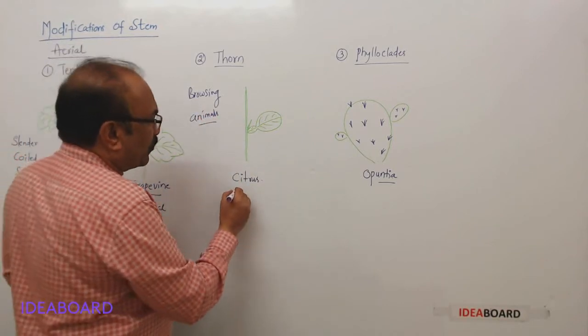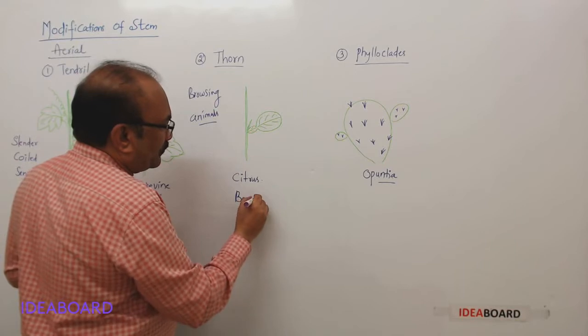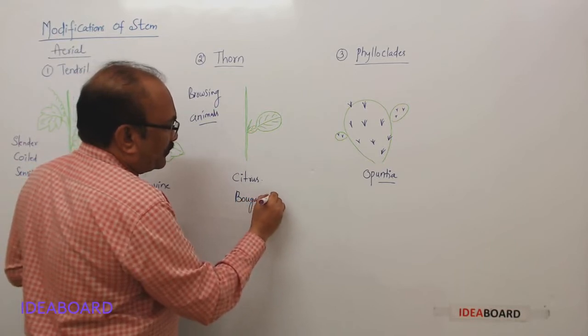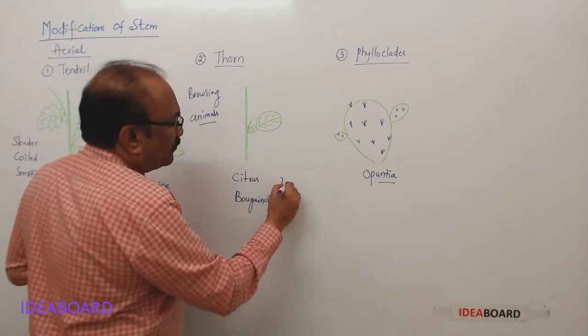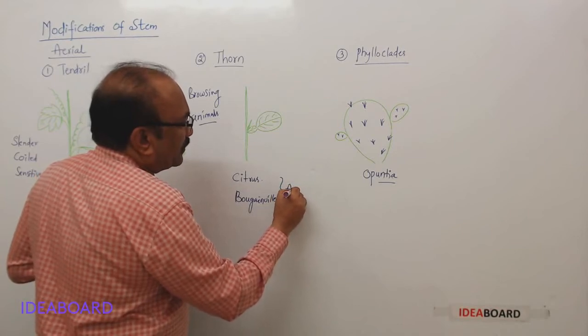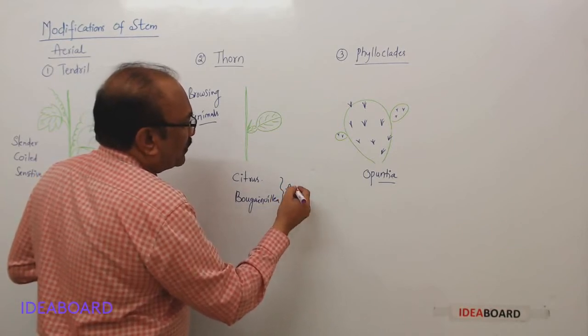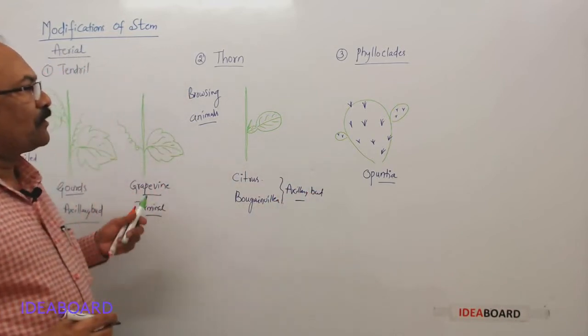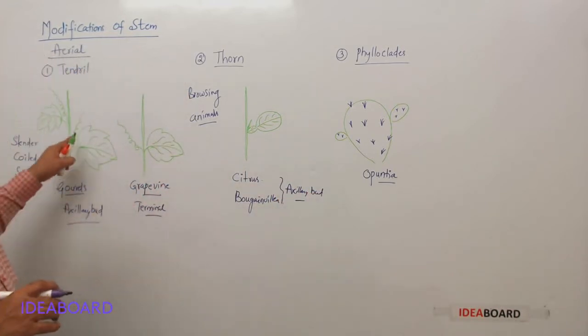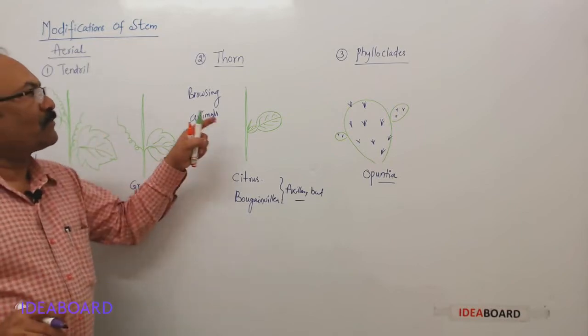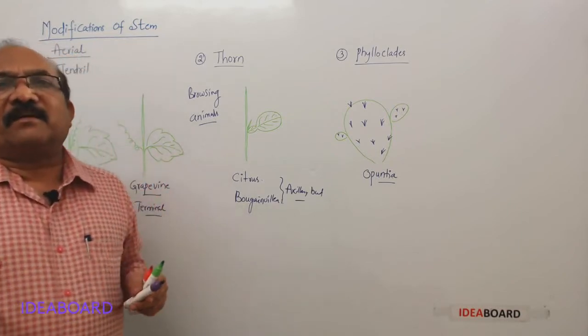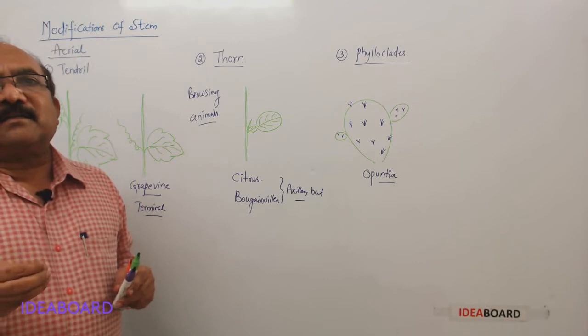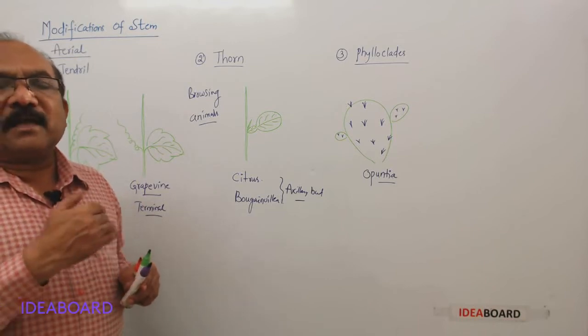The examples are citrus and bougainvillea. In both of them, the axillary bud is modified into a thorn. This is a climbing organ, but thorn is a defensive organ because it is protecting the plant from browsing animals.